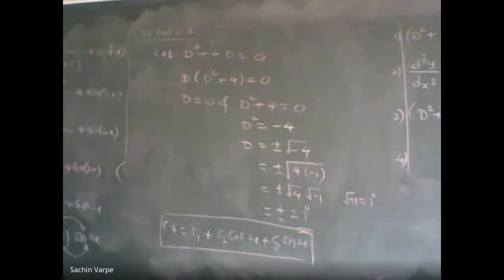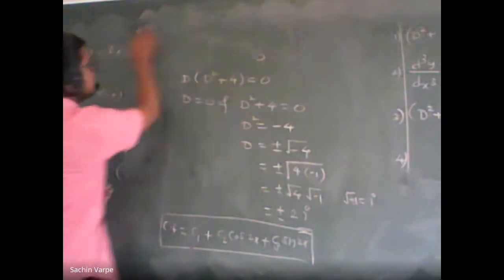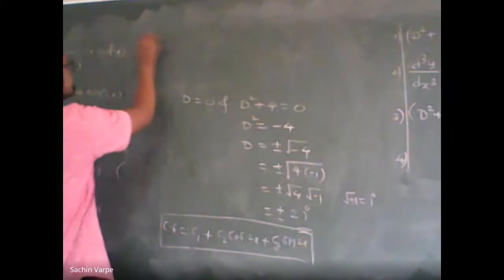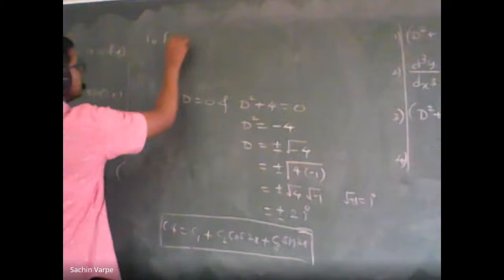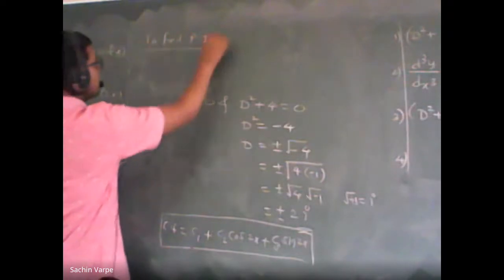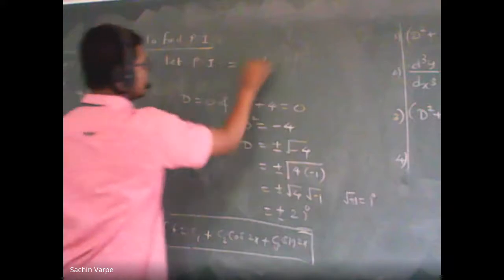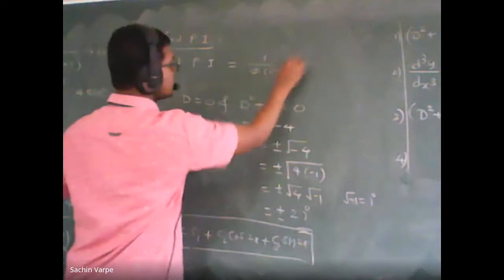Now to find the particular integral, what to do? I'm writing here only. To find PI, let PI is equal to 1 upon phi of D into f of x.